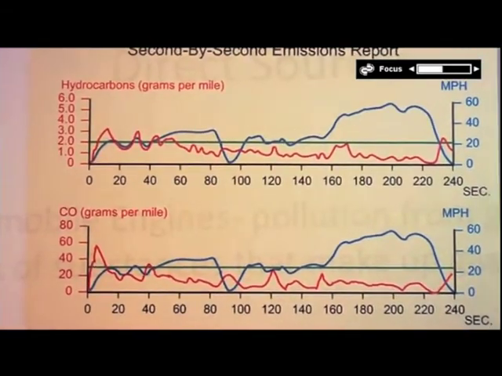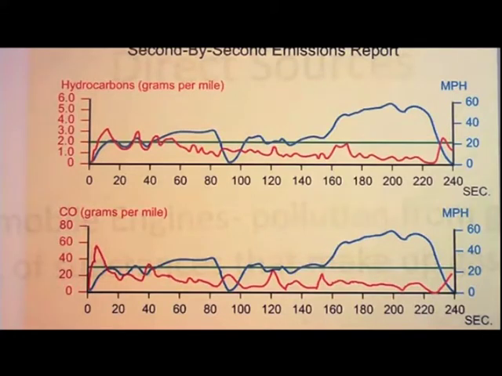So last time we were looking at the hydrocarbons. We said that normally when the EPA is reporting hydrocarbons as a pollutant, they call it VOCs, which stands for volatile organic compounds, hydrocarbon being the particular type of volatile compound.